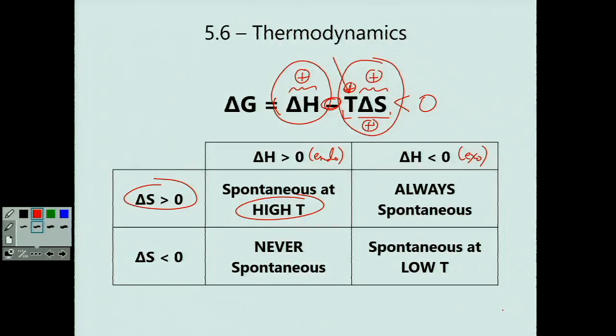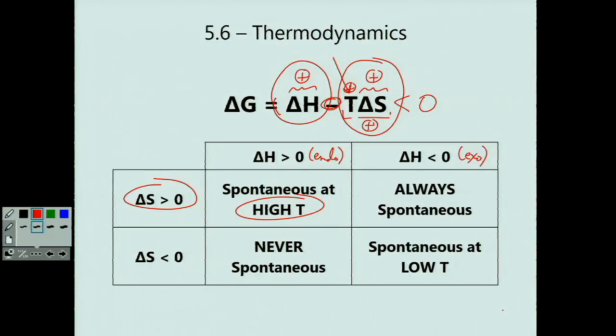So, for example, the boiling of water. Yes? As those particles are separating, they need to absorb heat, energy. Right? The process is an endothermic process. As they're separating, they're also increasing their entropy.